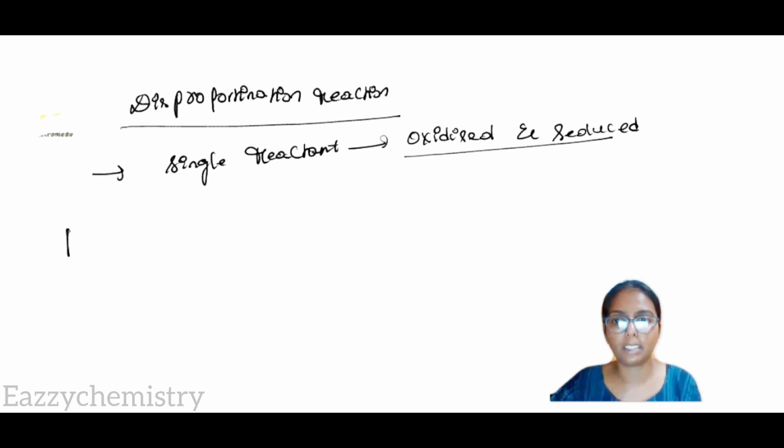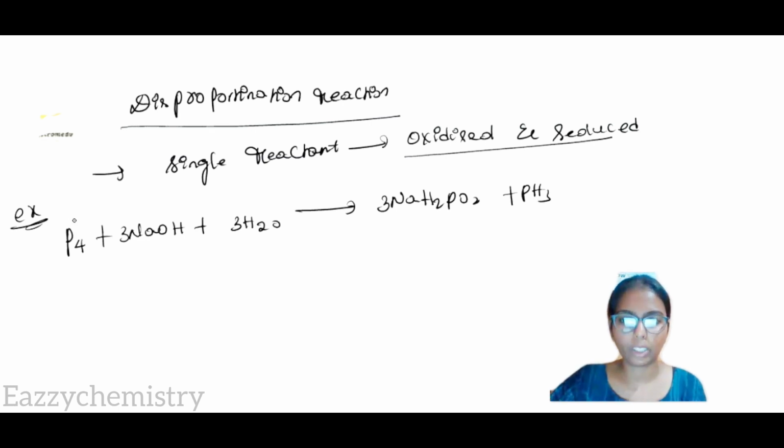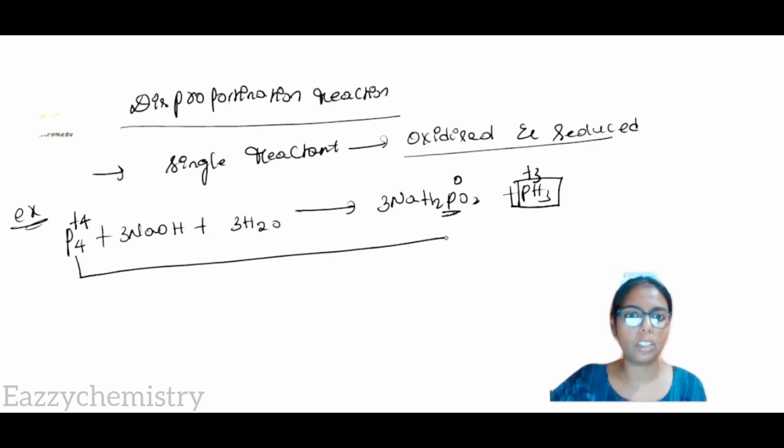For example, consider P4 plus 3NaOH plus 3H2O. This gives 3NaH2PO2 plus PH3. Here the oxidation state of phosphorus is 0 in the reactant, +1 in one product, and -3 in the other. One phosphorus undergoes oxidation and the other undergoes reduction.